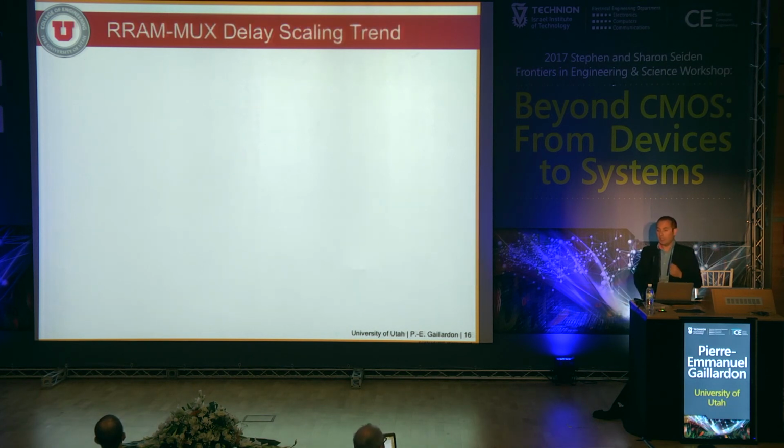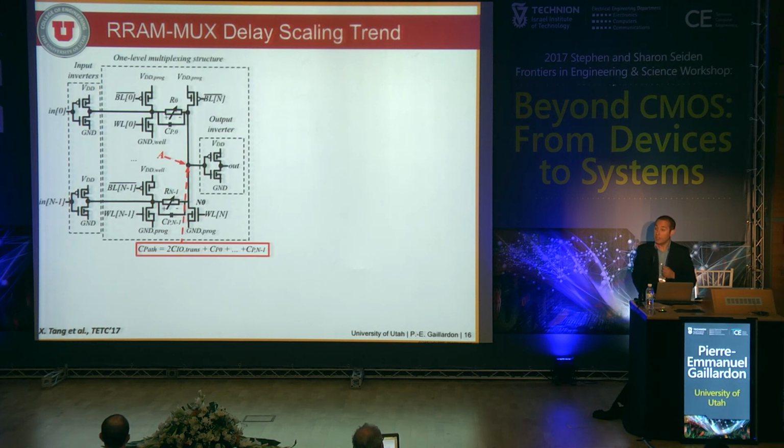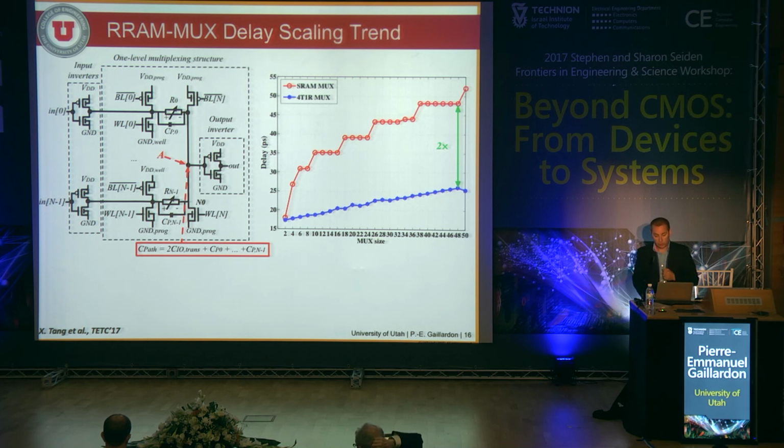Another interesting result about these RRAM-based routing multiplexers is that they do scale much better than CMOS multiplexers. On this plot, I'm showing the delay for RRAM-based and CMOS-based routing multiplexers as a function of the number of inputs.